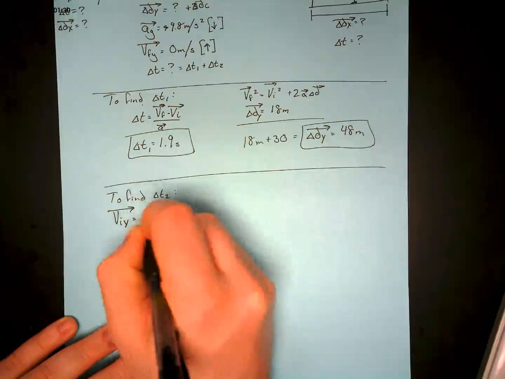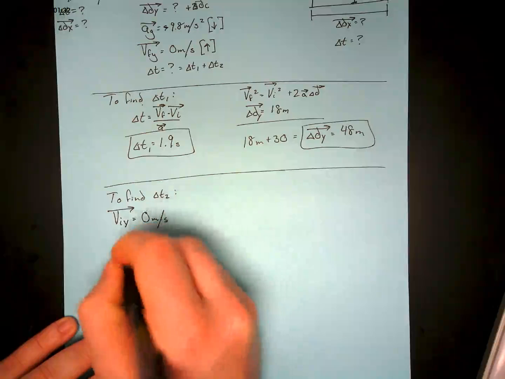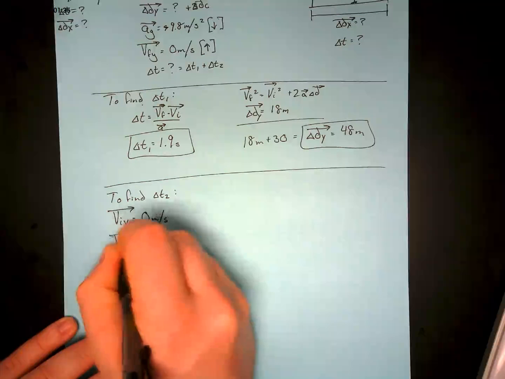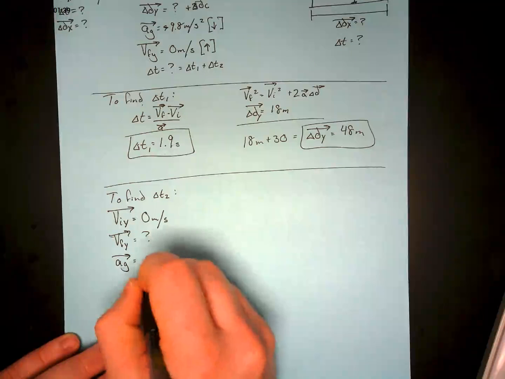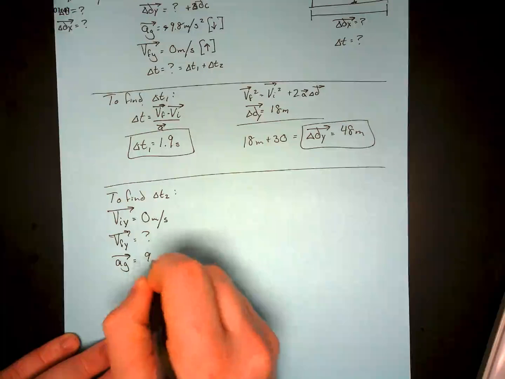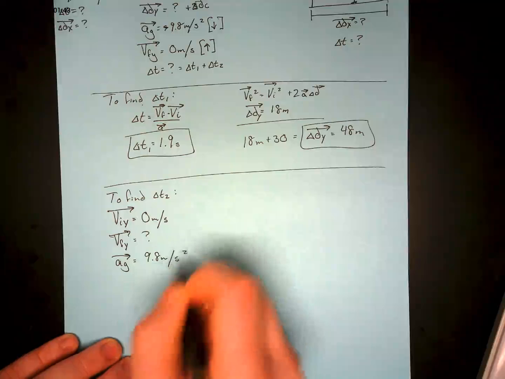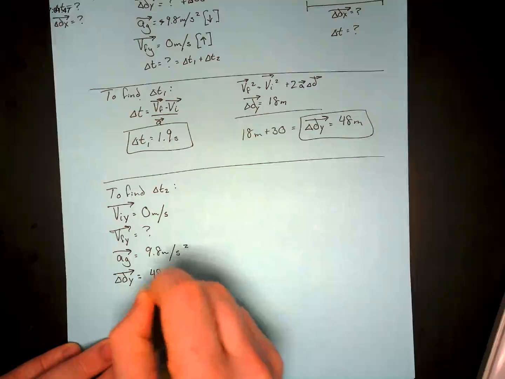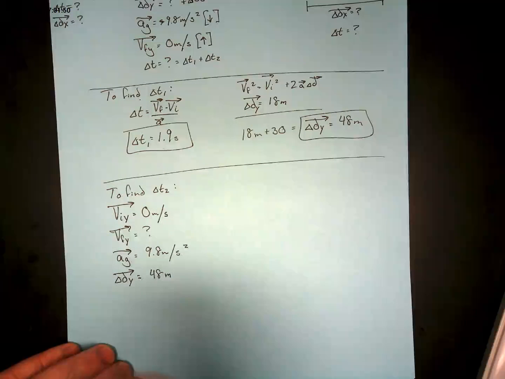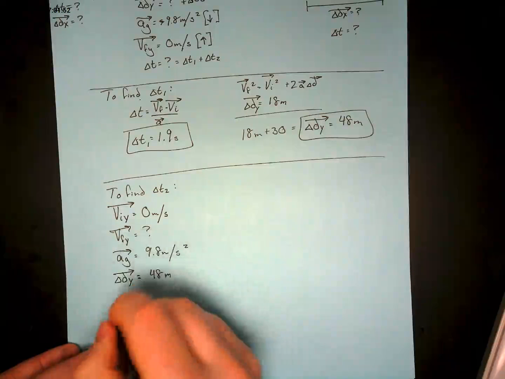The initial y velocity is now 0 meters per second. We don't know the final velocity in the y direction. Acceleration due to gravity is a positive 9.8 meters per second squared. Our total height is 48 meters. And we're trying to find T2.